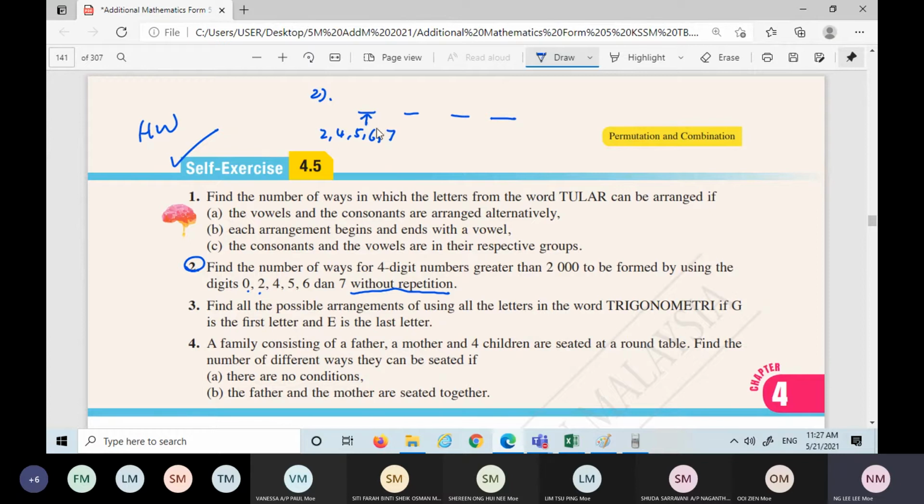So for the first digit, there are 5 choices. Then after you put in 1 digit already, how many numbers are left? 6 numbers, minus 1, so you are left with 5 choices, then 4 choices, and the last is 3 choices. So this is the answer. 5 times 5, 25.